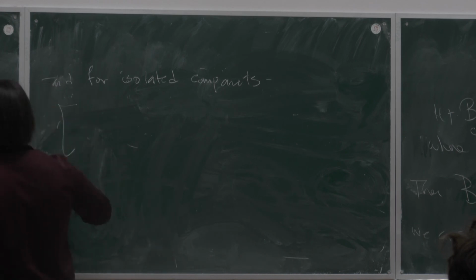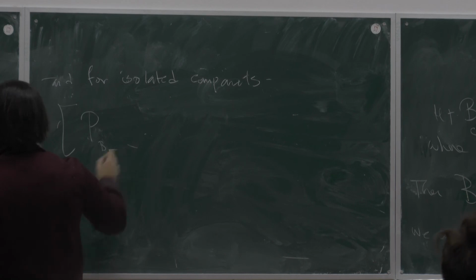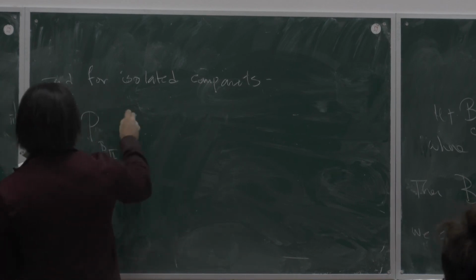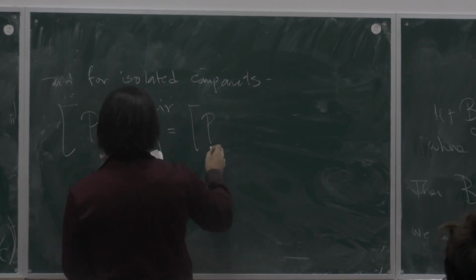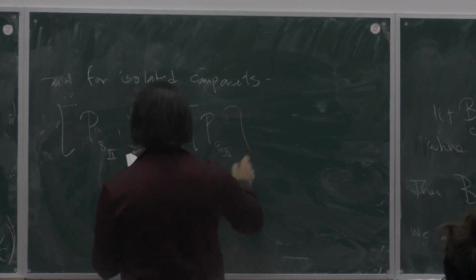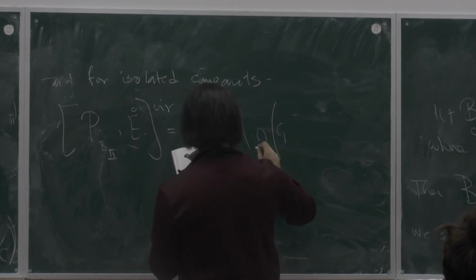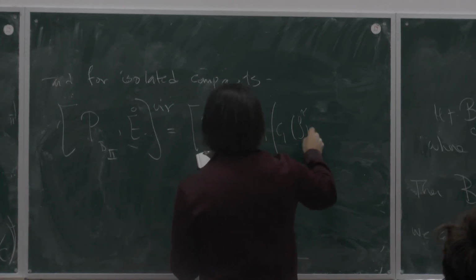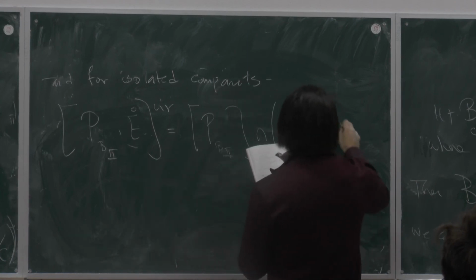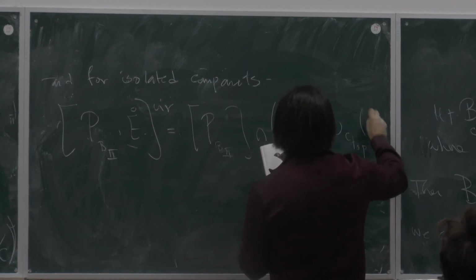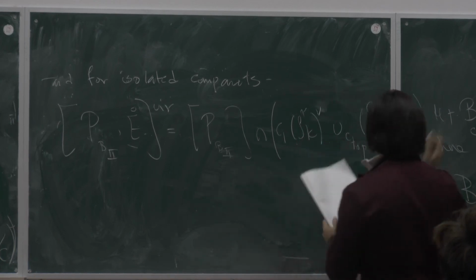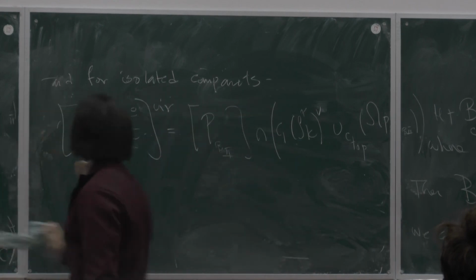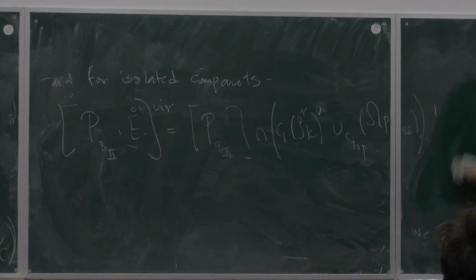So let's call it P of B2. The virtual cycle of P of B2 is C1 of that, intersected with the top Chern class of P of B2. That's it. That's an isolated component, so that's it.